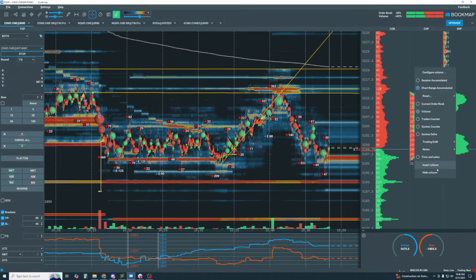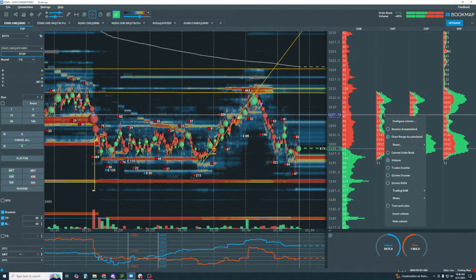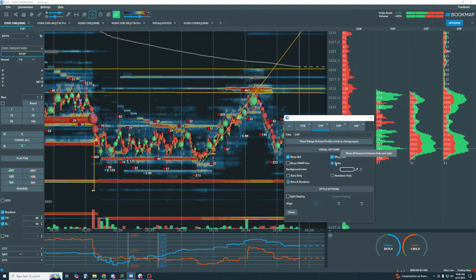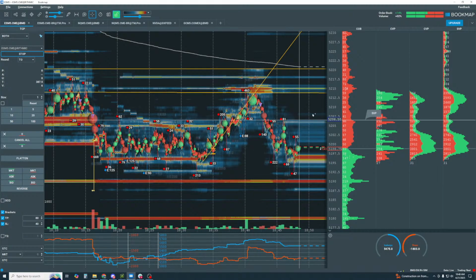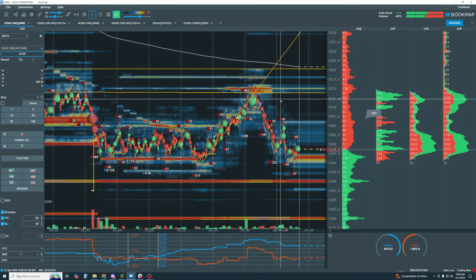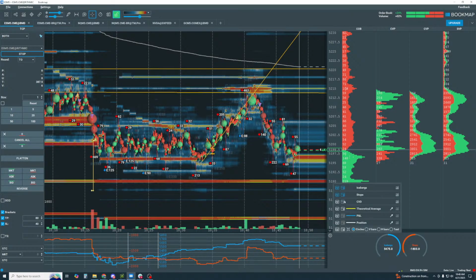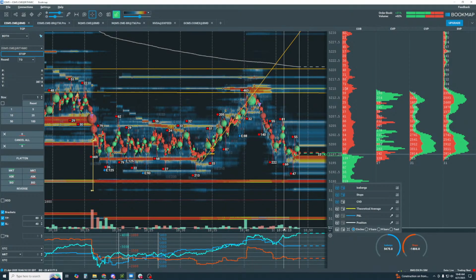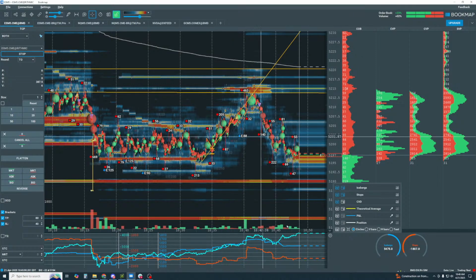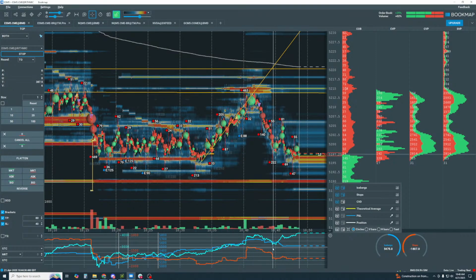We're going to duplicate this one, and then I'm going to right click in here and configure it differently. We're going to look at delta, buy minus sell. The reason is that I'm seeing something kind of funny in here. We can also look at cumulative volume delta. We're going to have a divergence in here, and clearly you can see it, right?